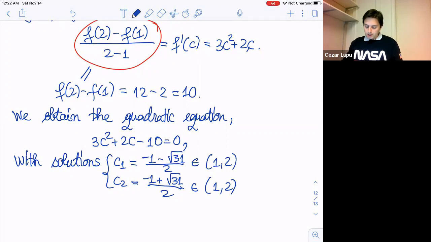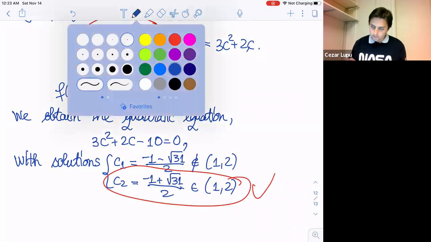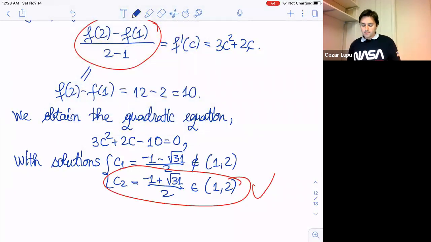Okay, so let's see. C1 is -1, that's negative, so definitely that's not going to be in (1, 2). And the last one, yes, the second one is good. That's beautiful. That's 1.5, something like that.